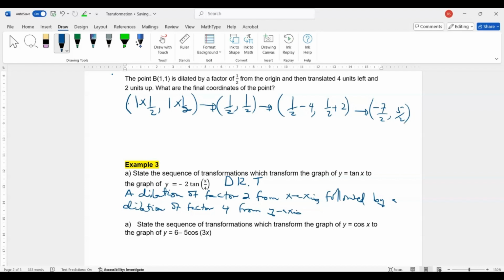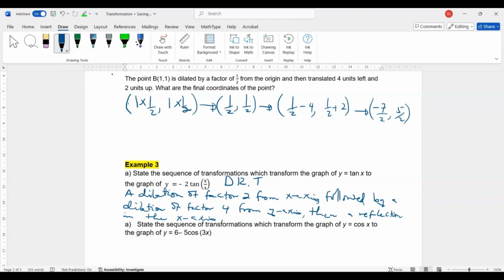Okay, we're done with the dilation, and then a reflection on the x-axis. Okay, that's how we do that example.